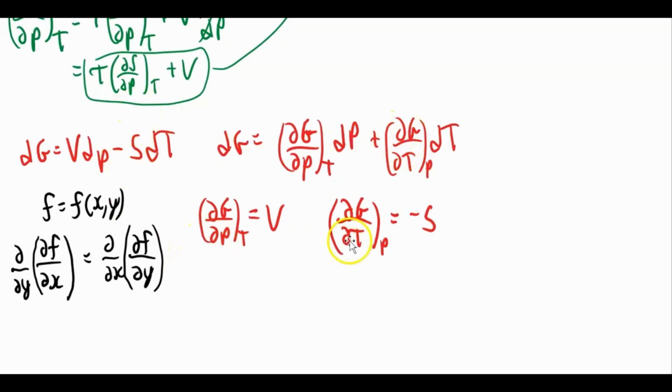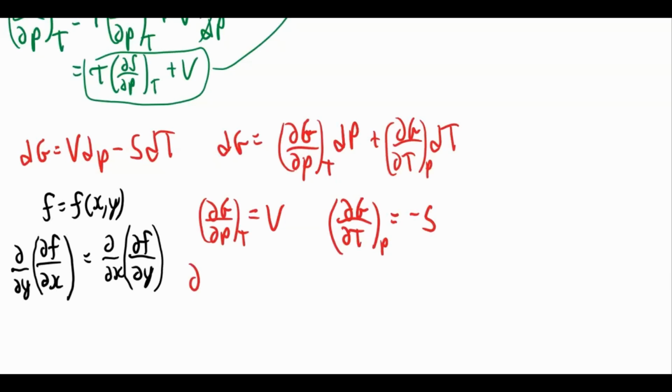Okay, now see this? This is the derivative of G with respect to P, holding temperature constant, and this one's the derivative of G with respect to T, holding pressure constant. Well, why don't we take the derivative with respect to the other variable?